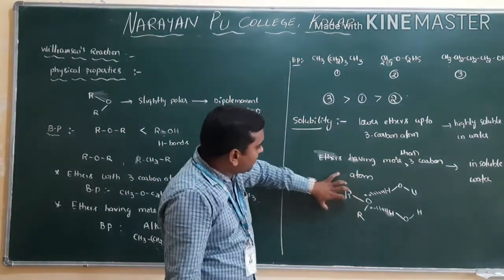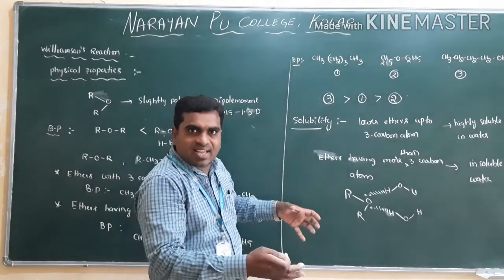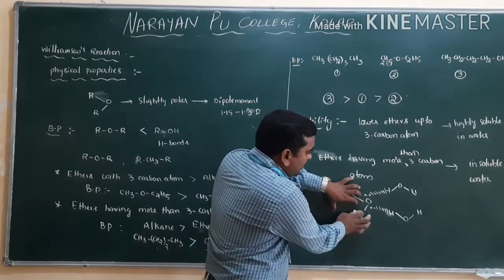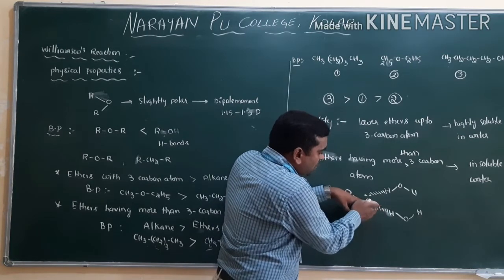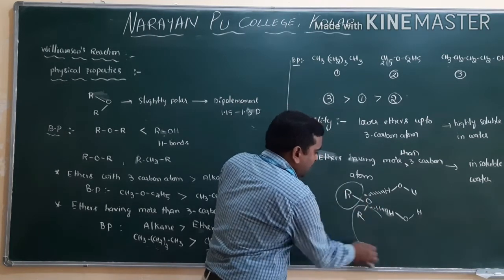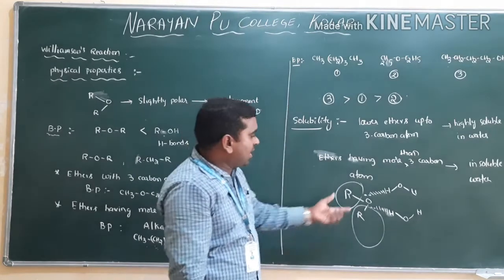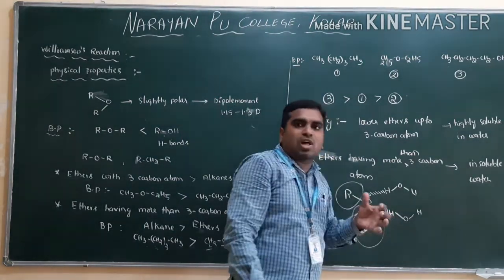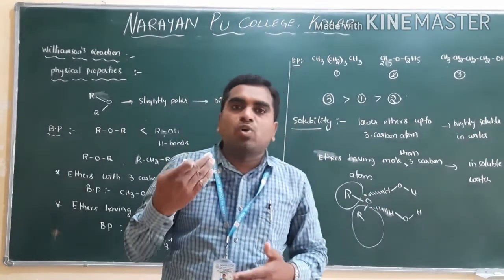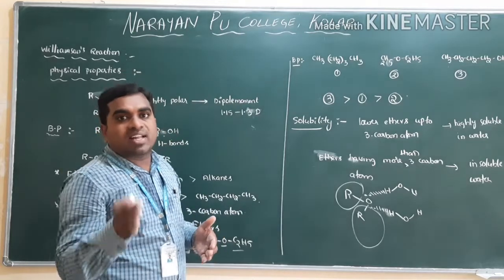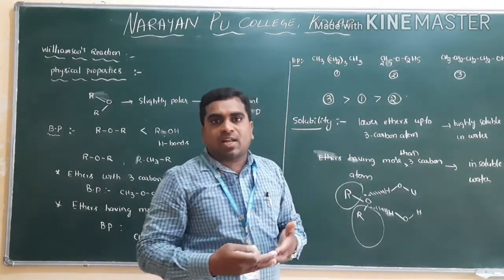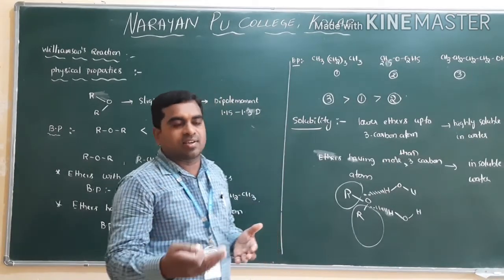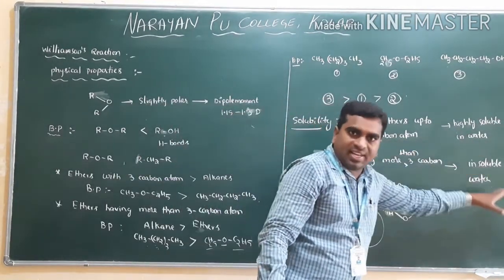If the chain length of the alkyl groups increases, then what happens? Bulky groups will be present here, and these bulky groups will not allow the oxygen to form a hydrogen bond with the water molecule. So that's why, as the number of carbon atoms increases in the ethers, the solubility decreases.